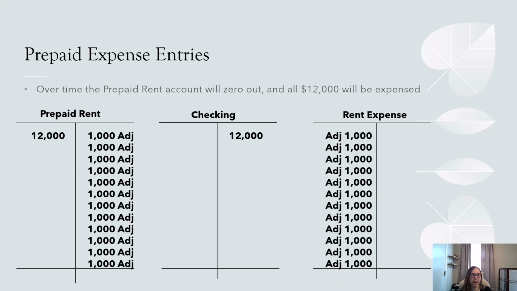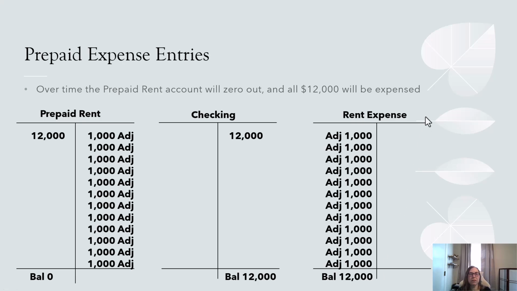So over time, you would have multiple credits to prepaid rent and debits to rent expense. And then by the time you get to the end of 12 months, you have zeroed out prepaid rent. Your checking account didn't change, other than there would obviously be other checking account transactions over that time period. And now your rent expense account would have shown $12,000 total.